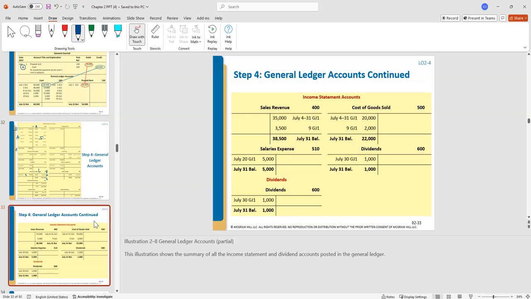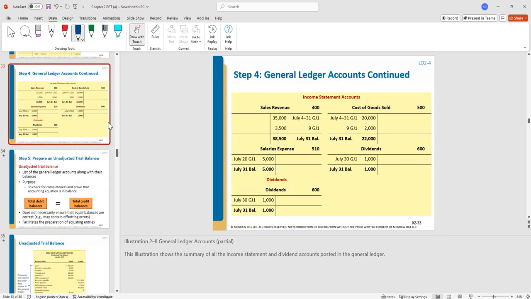What we then do, and this is just continuing with that, is we have done the general journal, where we do all of them as they happen. We've done the general ledger where we populated all the T accounts.